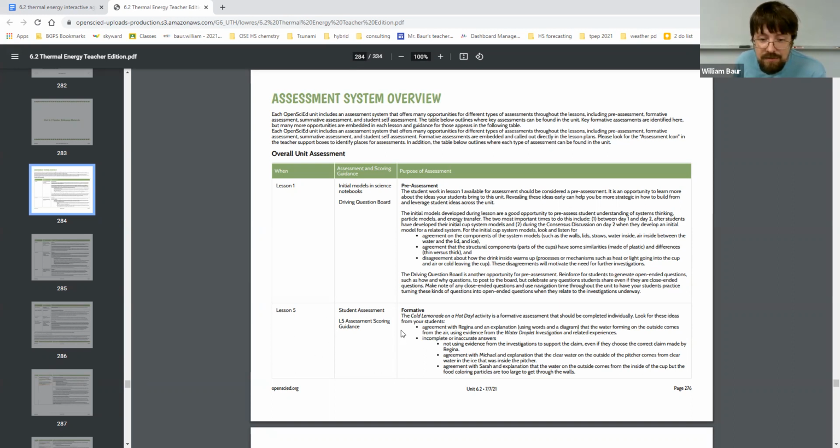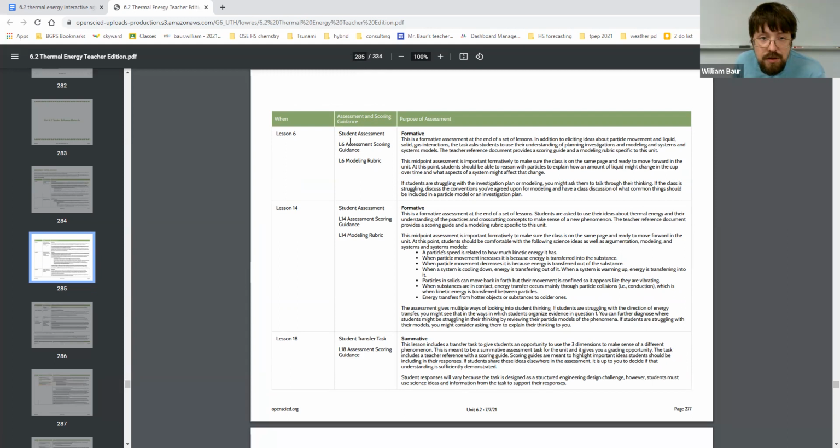And then in lesson 5, students take a formative assessment called cold lemonade on a hot day. At that point, you're putting the pieces together from your previous investigations to show how your explanation of the cold cup phenomena has deepened and improved.